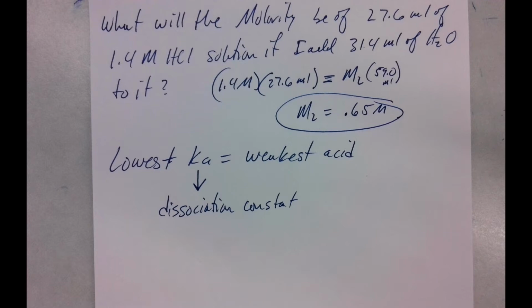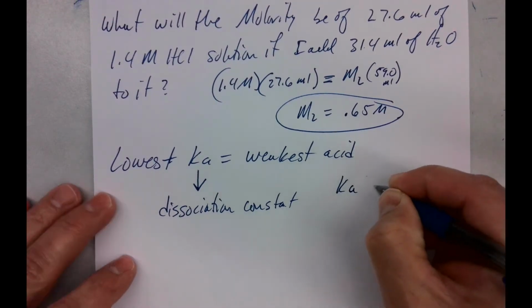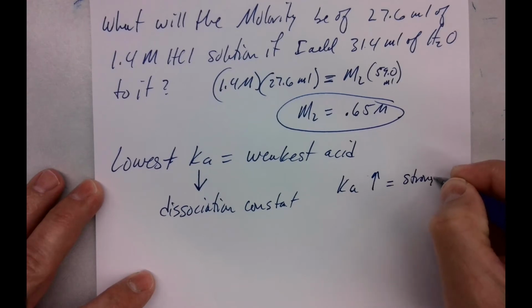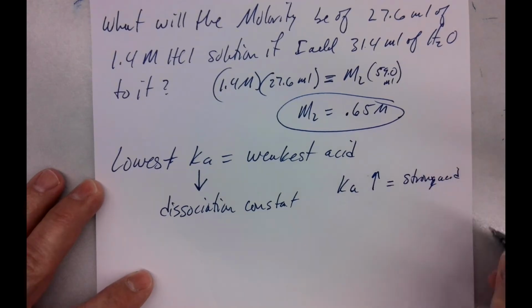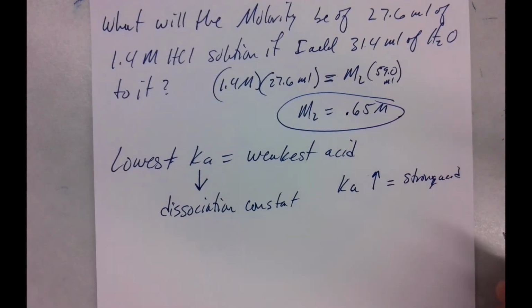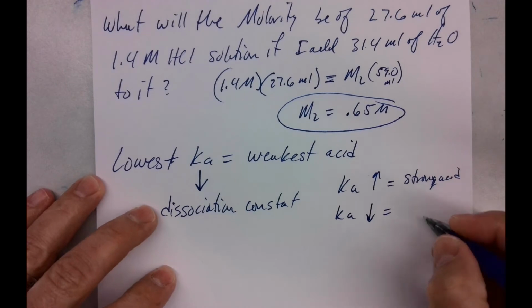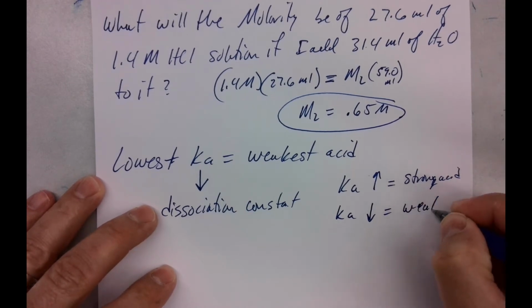And what we did is we said that if I have a Ka that's high, that is a strong acid, because by definition, a strong acid was an acid that completely dissociates. If I have a Ka that is low, that is a weak acid.